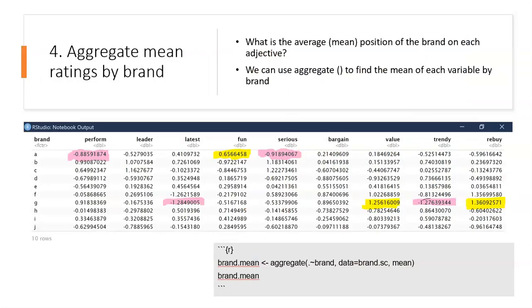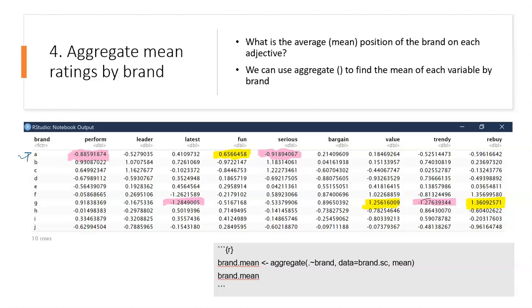Next, we can find the aggregate mean ratings by brand. For example, for brand A, we ask hundreds of respondents to rate brand A on a scale of 1 to 10 on performance, leadership, latest, fun, seriousness, all these. If I combine the mean value of all those 100 respondents, we can do this using the aggregate function. You already know that.